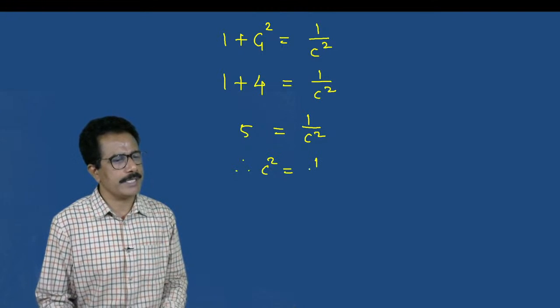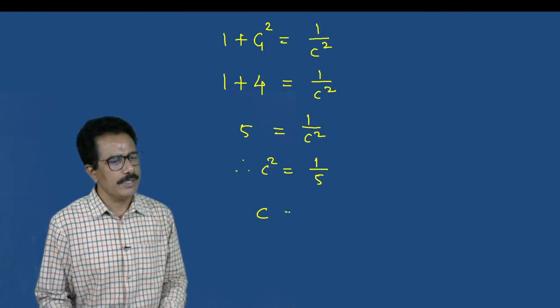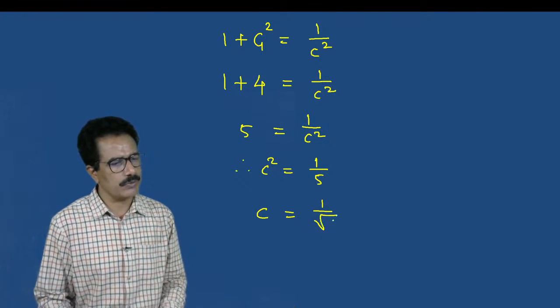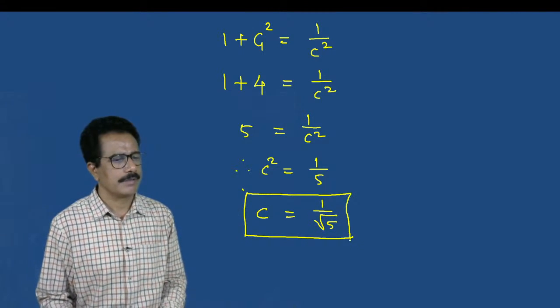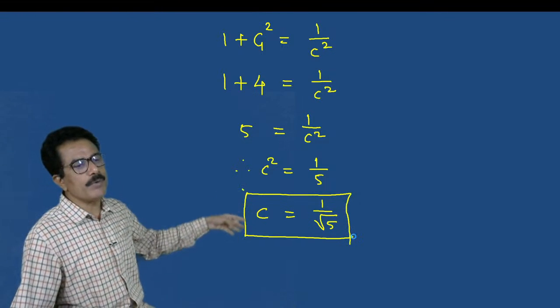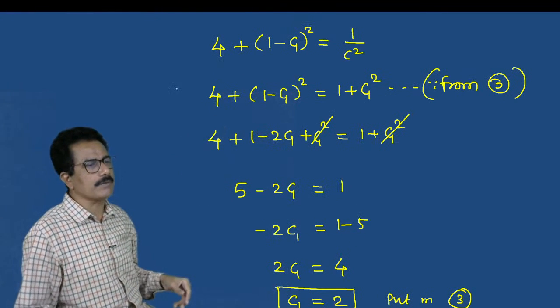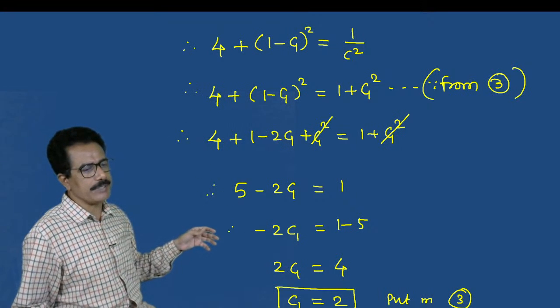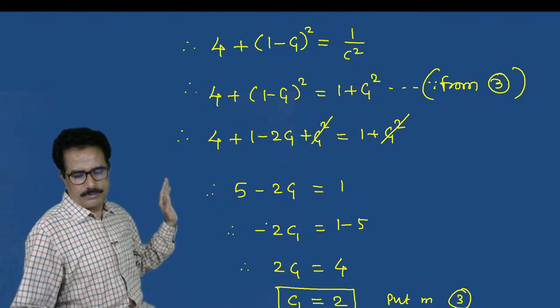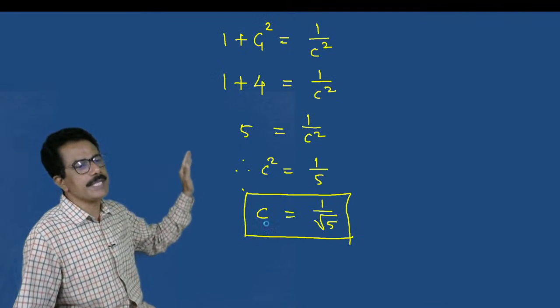So c square is equals to 1 upon 5. So c is equals to 1 upon root 5. Thus, by using the boundary conditions, we have calculated the value of c and c1.